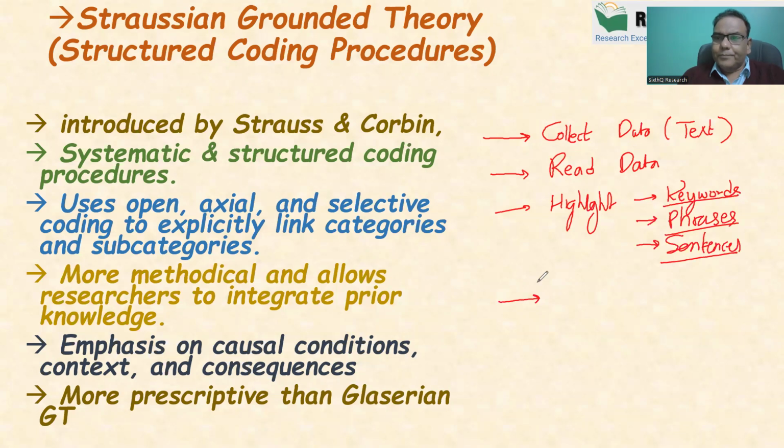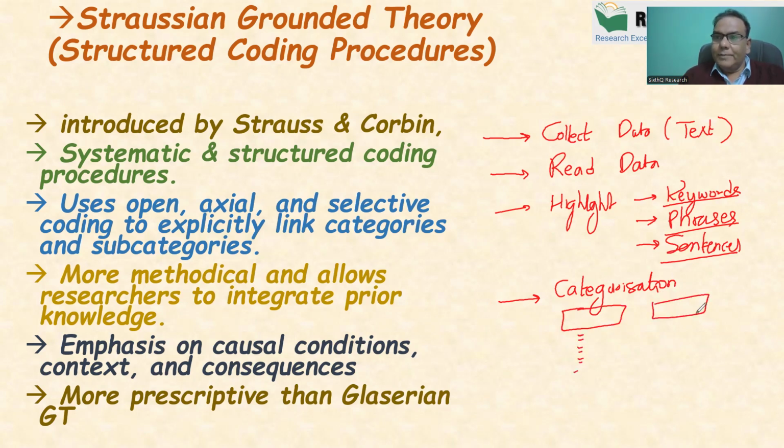After that, once you finish with this, the fourth process is known as categorization. It means the related keywords come in one category. So this is one category and these are the important keywords within it.